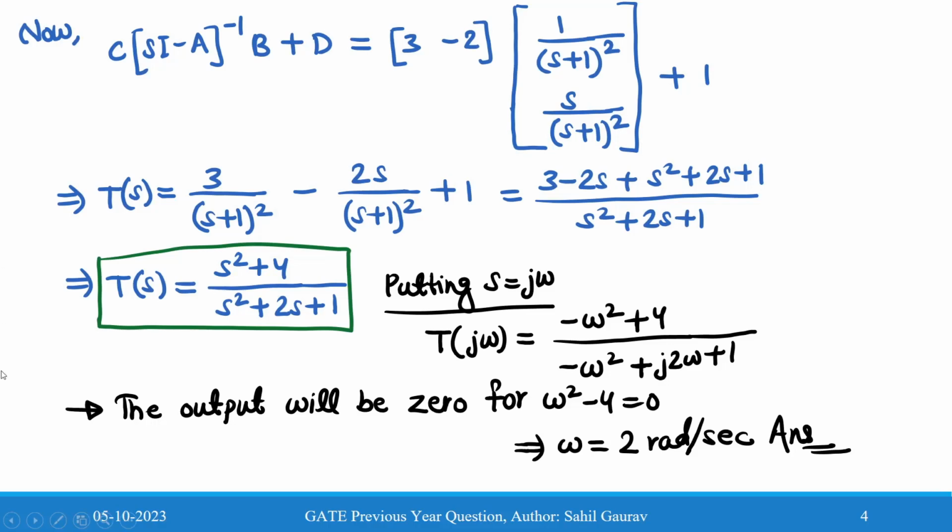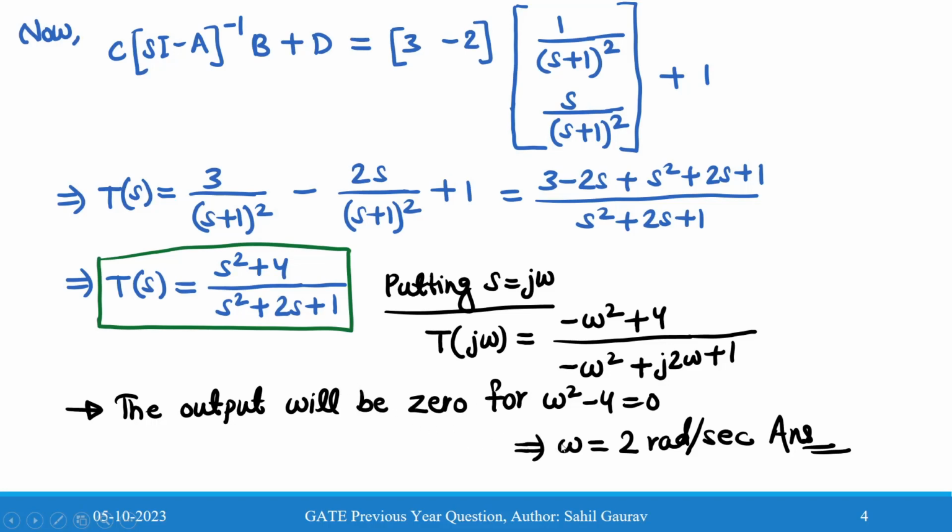In this problem, it has been asked for the input sin omega t. If we take this input sin omega t, its magnitude gets multiplied with the magnitude of T(j omega) for the final output, and the phase of the sin omega t function gets added to the phase of the transfer function.